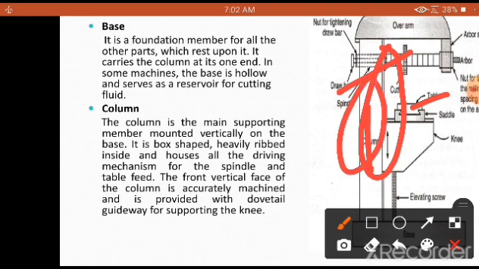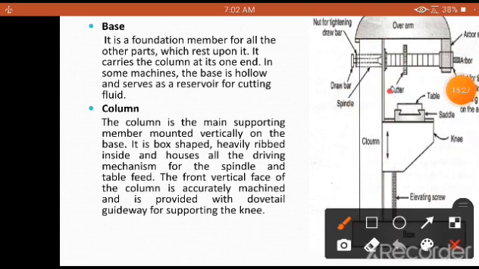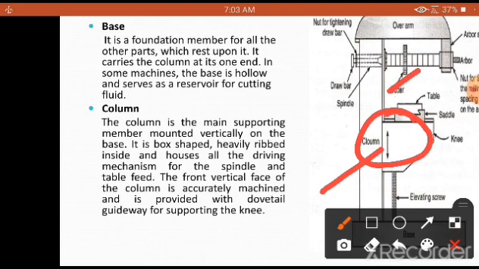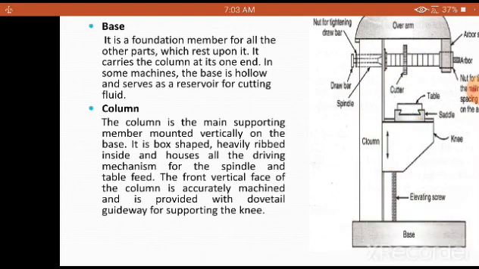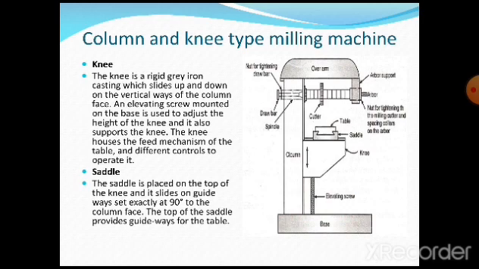Okay, the front vertical face of the column is accurately machined and is provided with the dovetail guideway for supporting the knee. Even the front guideways are provided for giving the movement which you are going to see, that is up and down movement for the knee, which can be fixed at the required position on the column.